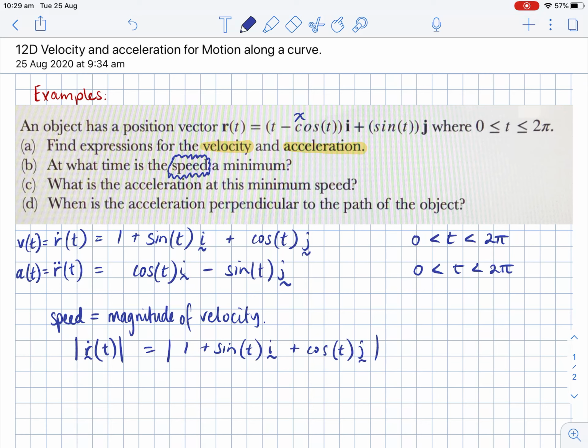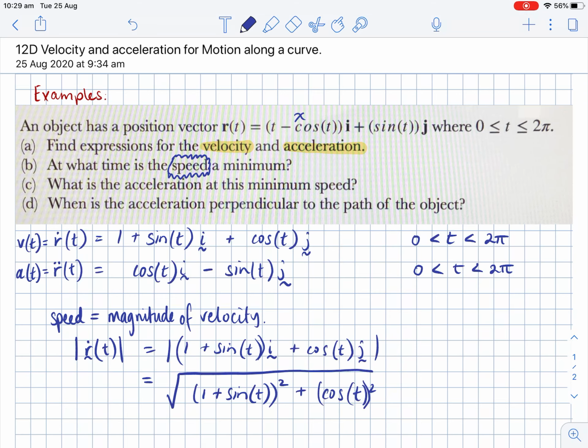If I want to find the magnitude of a vector, then the way that I do that is I square the x component, and we put it all under a square root, or in class we often talk about just Pythagoras. I don't like saying Pythagoras, but it makes perfect sense to you, so let's work with that.